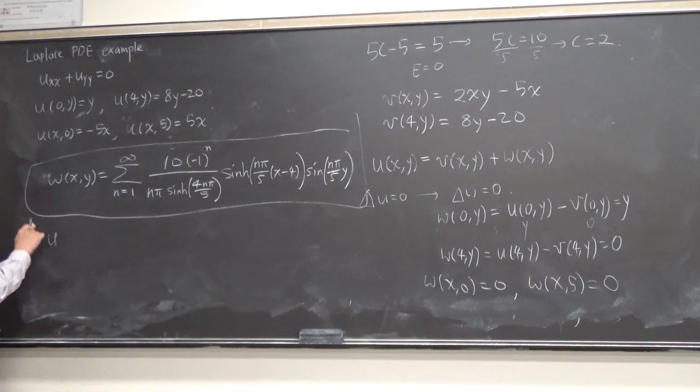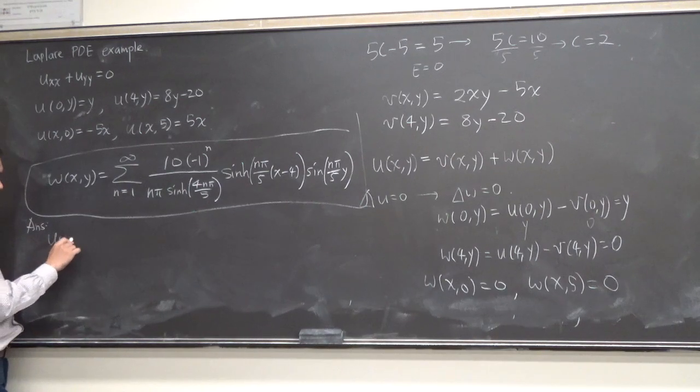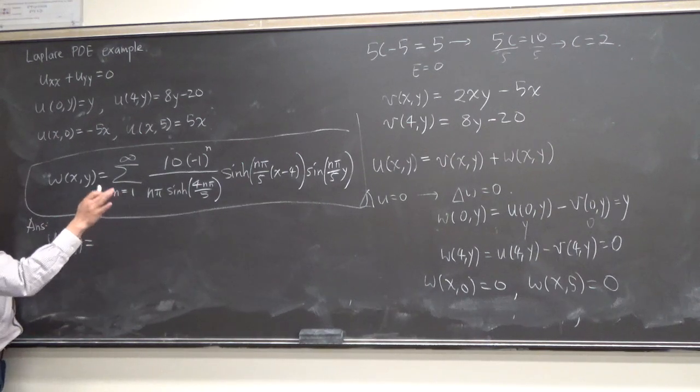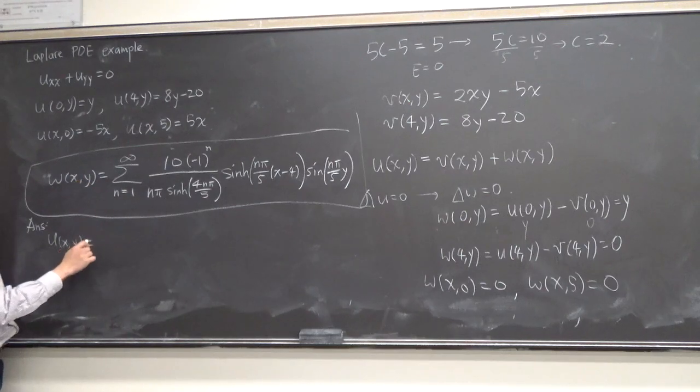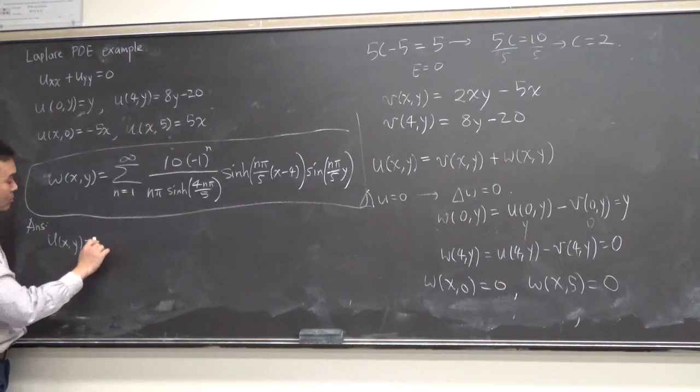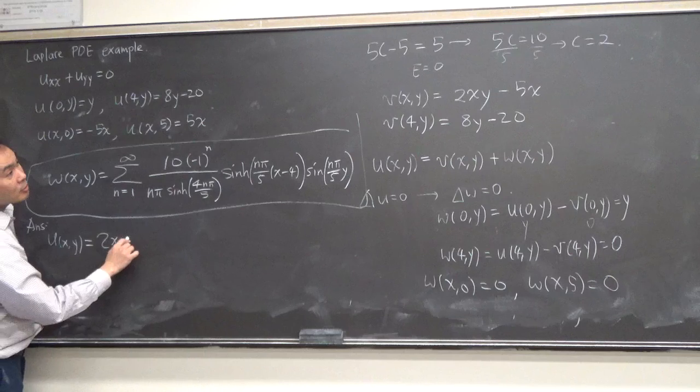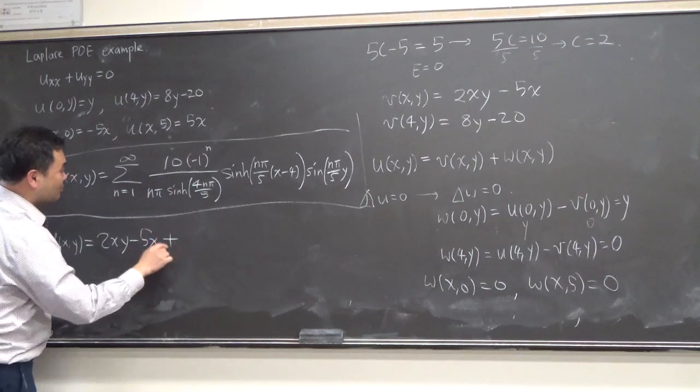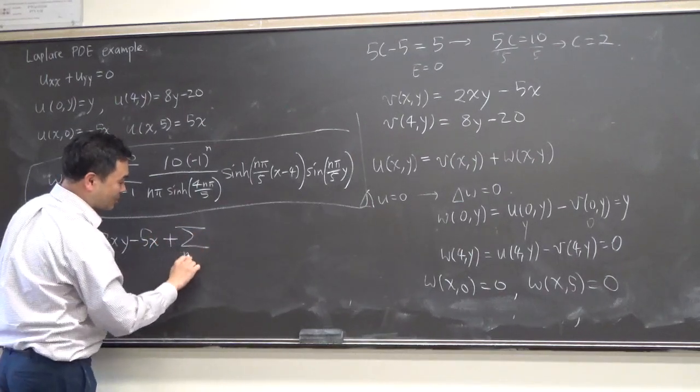Therefore, the answer, now we can just go straight to the answer by quoting our previous solution. I see that u of x, y is v plus w, right? V is, what is it? 2xy minus 5x plus all this. Let me just still write it.